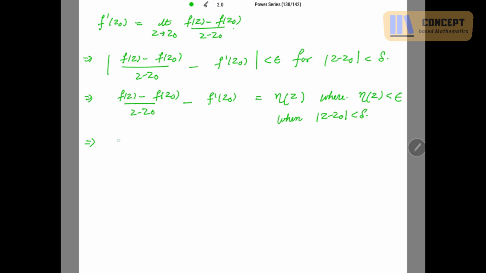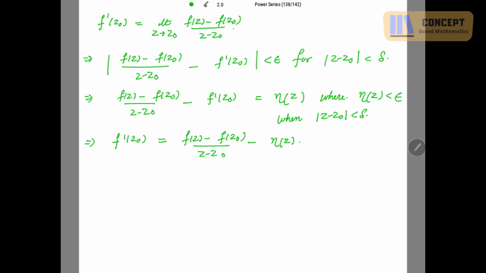So this now becomes: f dash z0 is equal to, taking this on the other side, f of z minus f of z0 over z minus z0 minus eta of z. Is it clear now? Alright.